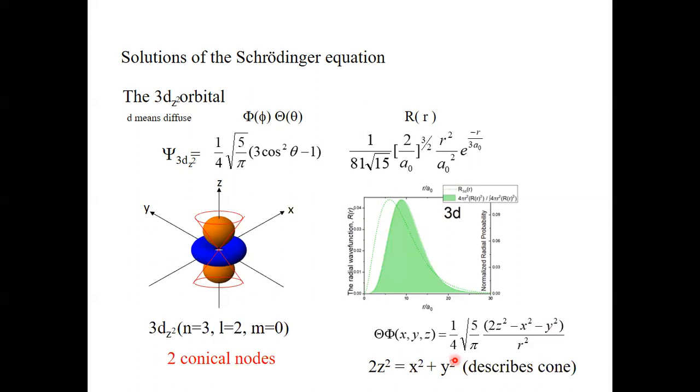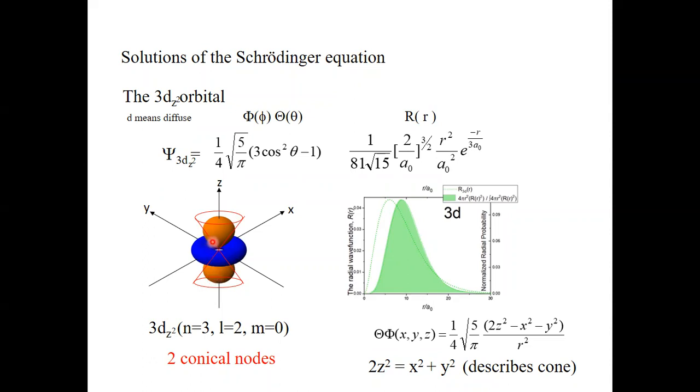For that reason, the angular nodes now describe two cones which determine the shape of the orbital. You see the two cones here in red. This is the first cone, and here this is the second cone. Again, the nodes separate the parts of the wave function which have different algebraic sign.